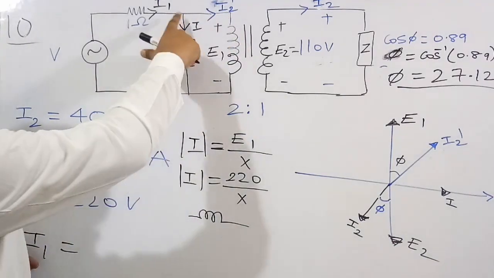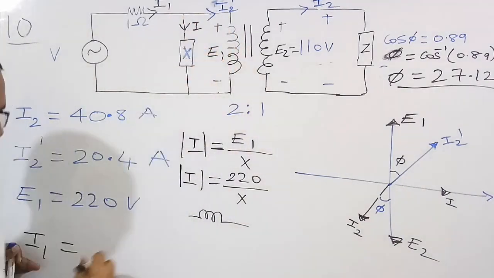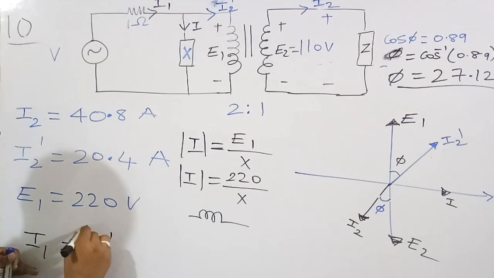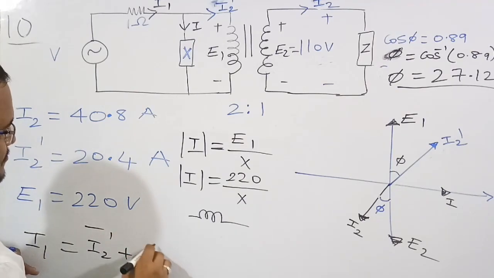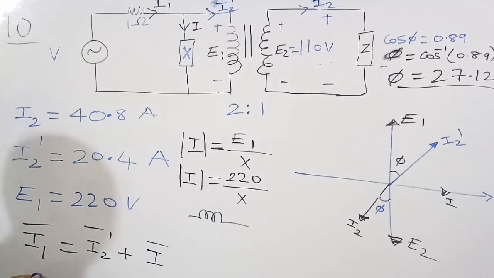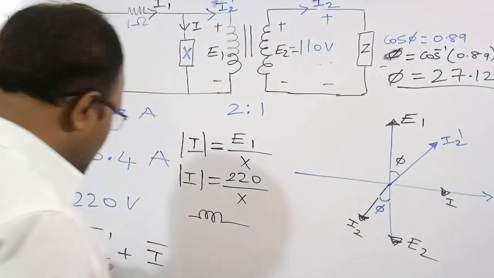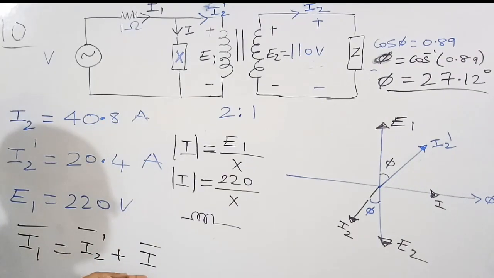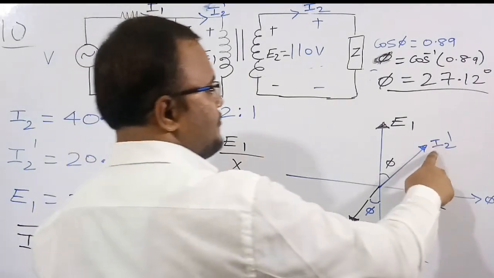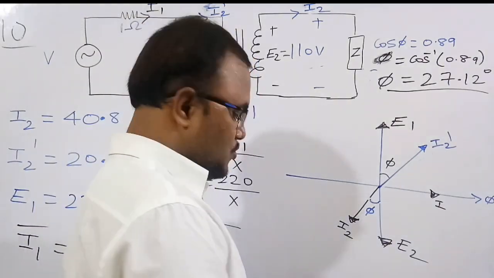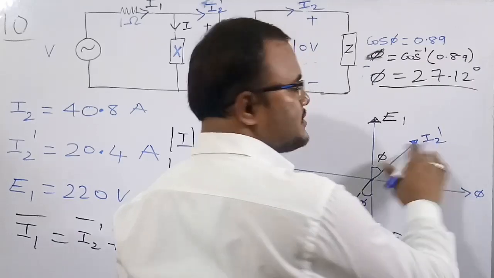By KCL, I1 is equal to I2 dash plus I, so we need to do the vector sum of I2 dash and I.